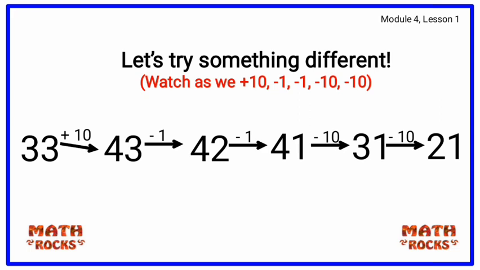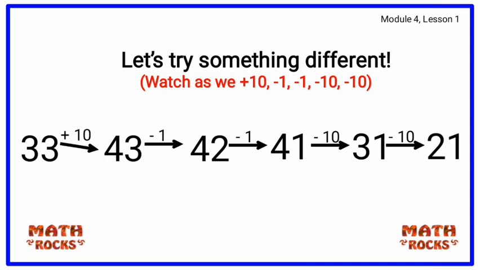Now this pattern I've used is called the arrow way. I'm showing my more or less by using arrows. When I say minus, it means less. When I say plus, it means more. Okay? We started by 33. 10 more than 33 is 43. 1 less than 43 is 42. 1 less than 42 is 41. 10 less than 41 is 31.